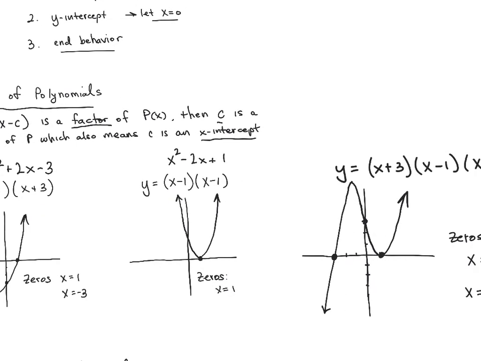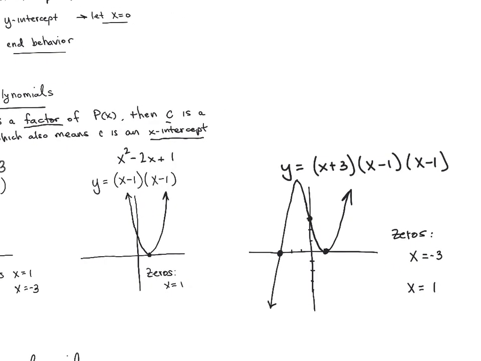Now over here I've got a third degree polynomial, and incidentally the number of factors should be equal to the degree. So if a degree 2 polynomial has 2 factors, this one has 3 factors, so I know it's a degree 3 polynomial.